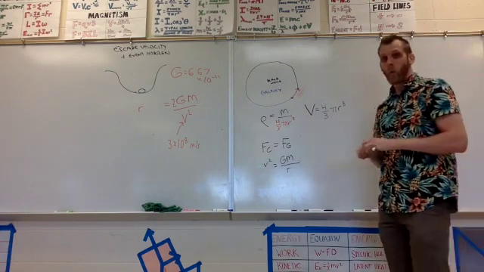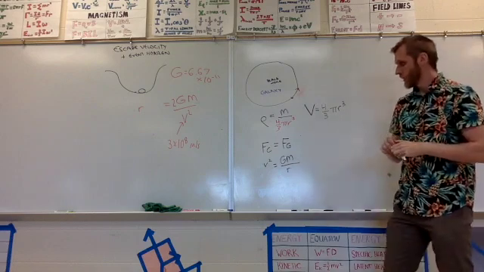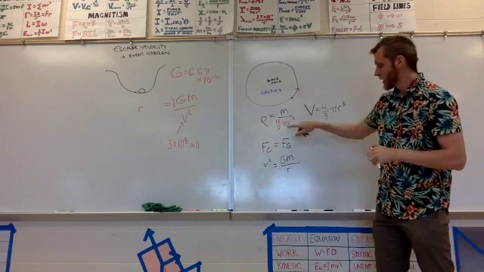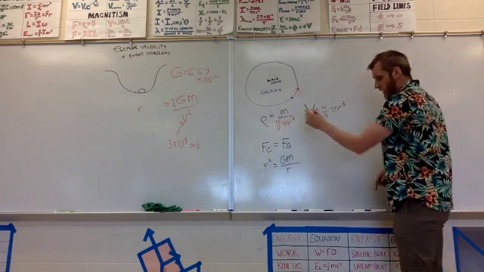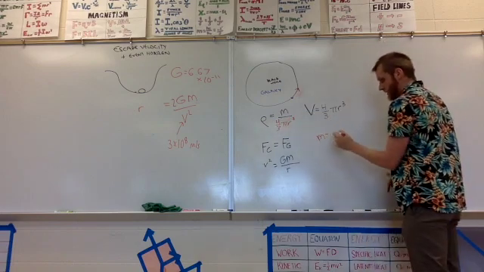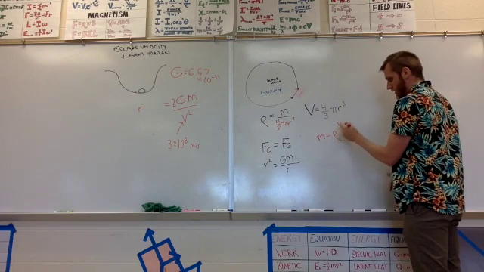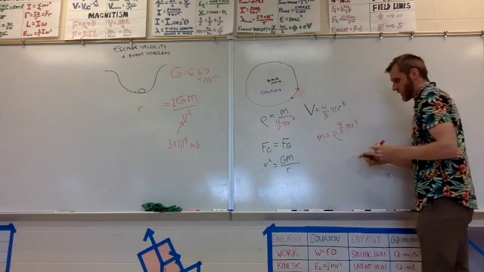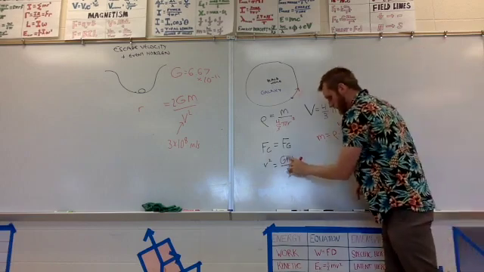Now, what about this mass that we're left with? We can replace that mass with density and radius. So I'm actually going to solve for mass up here. Mass is equal to density times 4/3 pi r cubed. So I can replace mass with density times 4/3 pi r cubed.